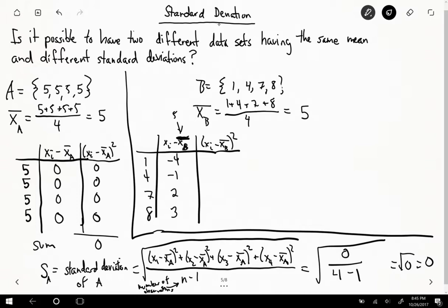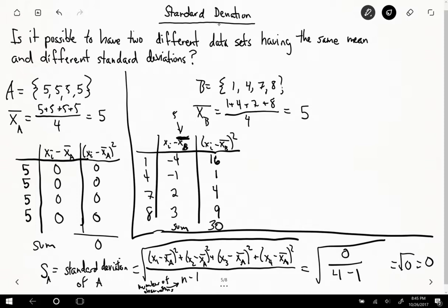So when you square -4, you get 16. When you square -1, you get +1. When you square 2, you get +4. And when you square 3, you get 9. And remember, we're going to have a sum up in the numerator of our standard deviation of b. So we sum all these up. You get 17 plus another 4 is 21 plus another 9 is 30.